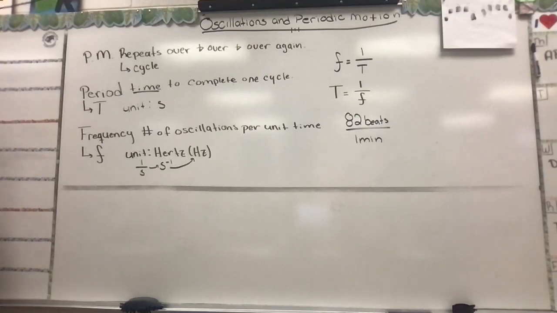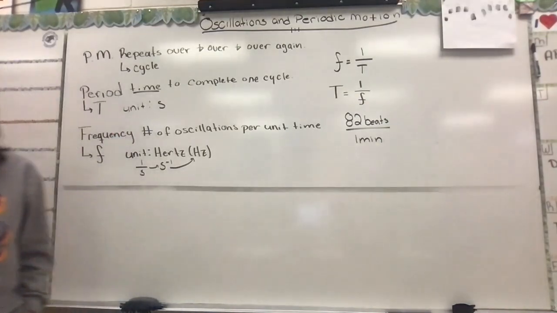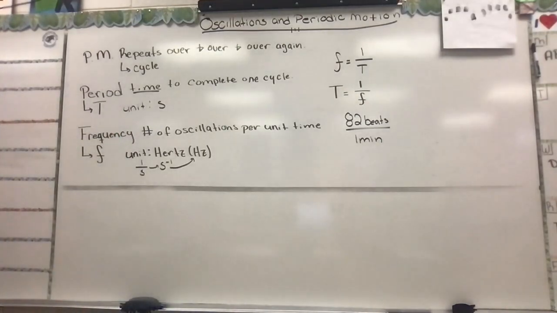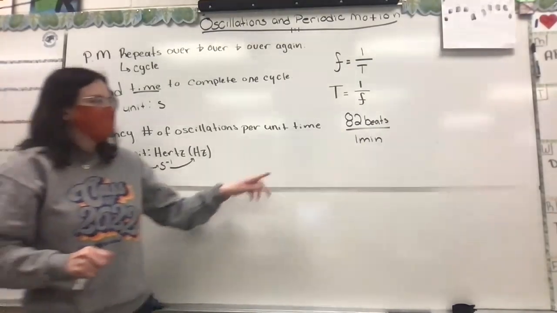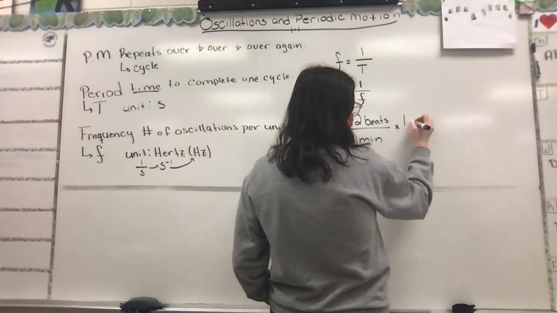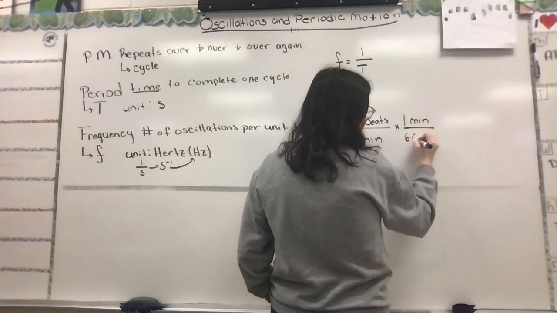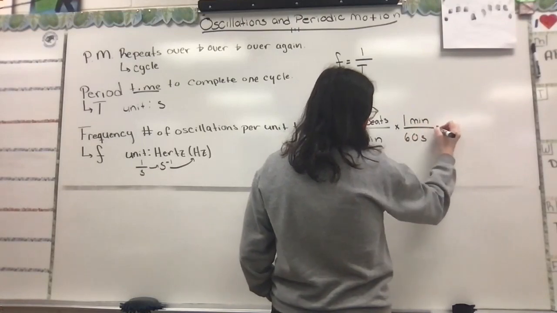So if you have 82 beats per minute, how would we find the frequency of our heartbeat? Because we want our frequency in seconds, because this is physics and we like seconds, we don't like minutes. You divide by 60 by doing your dimensional analysis and saying that 1 minute has 60 seconds.